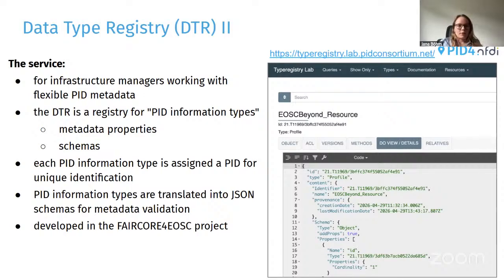Each of those PID information types, so those properties or schemas, is then assigned a PID for unique identification. And by the tool, these PID information types are also translated into JSON schemas, which can then be used for metadata validation. Similar to the tool before, this was developed in the FAIRCORE4EOSC project.